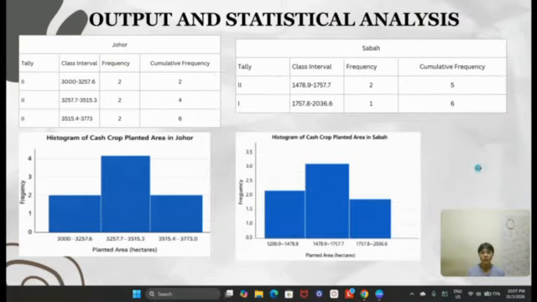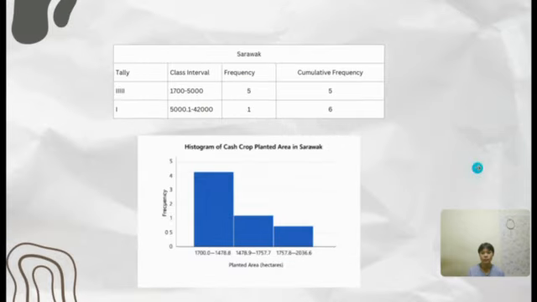We have gathered data from these three states, which are Johor, Sabah, and Sarawak. We also created three histograms for these three states. On the horizontal axis, we use class interval. On the vertical axis, we use frequency.